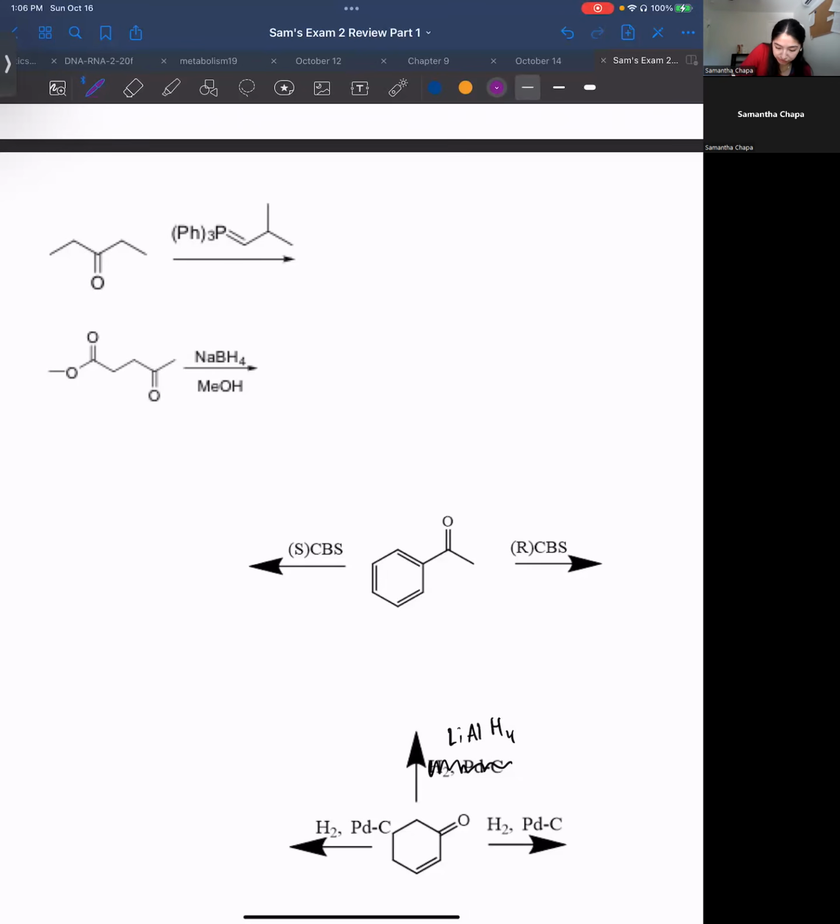So all you have to do is cut off the phosphorus with the 3 phenyl groups on the side. So cut that off. And you're going to cut off this oxygen right here. And what you're going to do is these double bonds are going to merge. This is just the trick for the reactions page. This is not what's actually happening in the mechanism. I'll show you what happens in the mechanism.